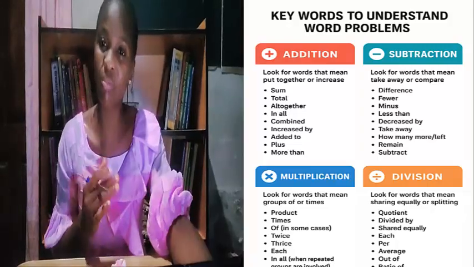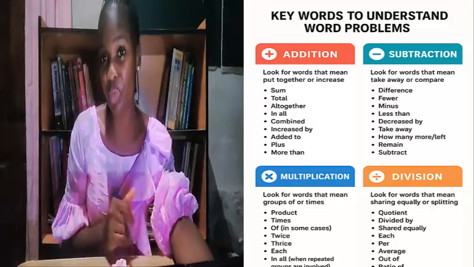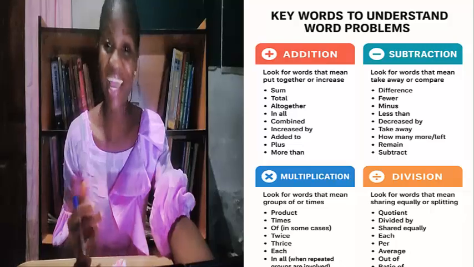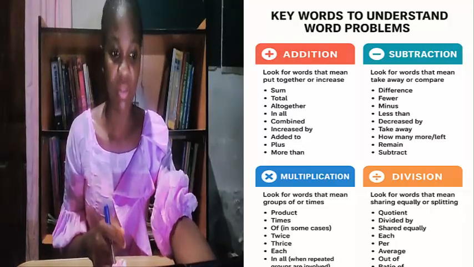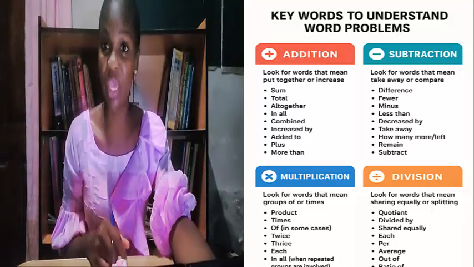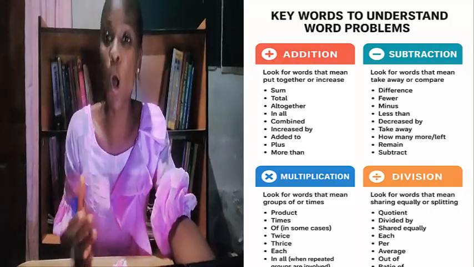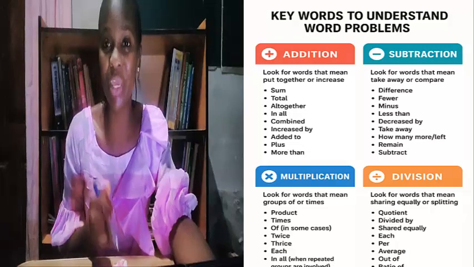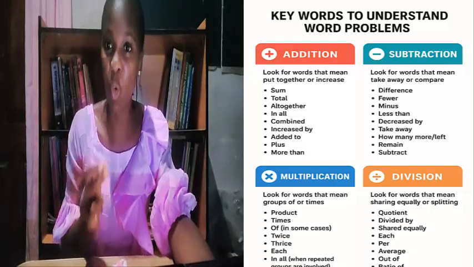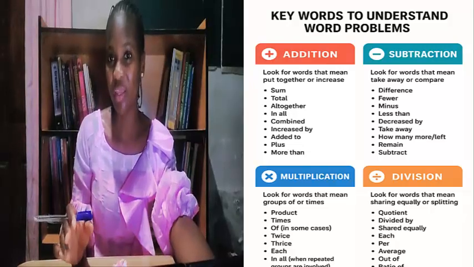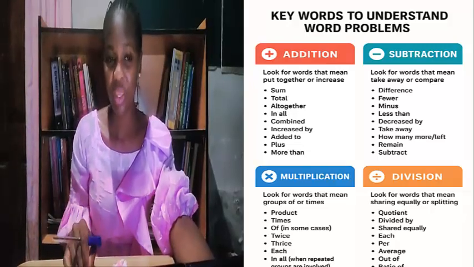Now, there are some words that go in line with multiplication too. You have words like product, times, of in some cases, twice, thrice, each, in whole. These words simply mean that you are required to multiply in that word problem.